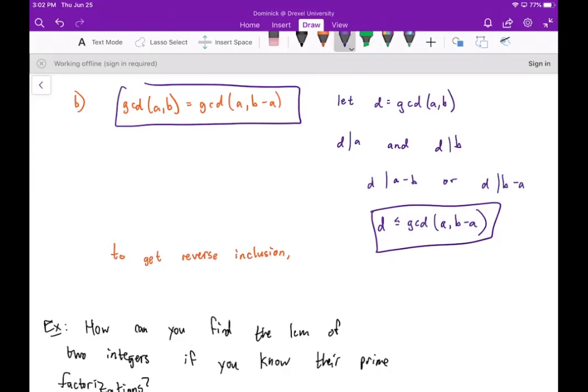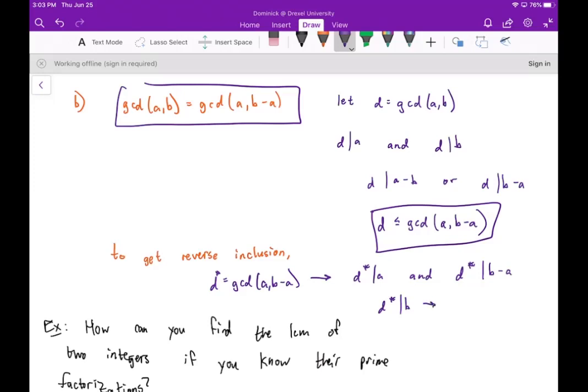Okay, so then we could also say that if D star is the GCD of A and B minus A, then that means that D star divides A and D star divides B minus A. So then we get that D star divides their sum and D star divides B, right?